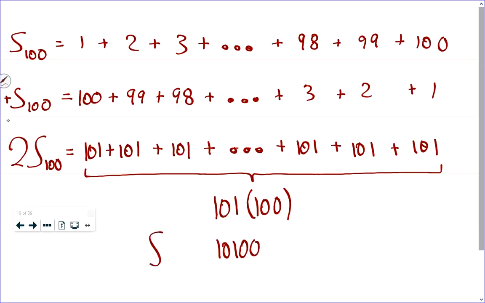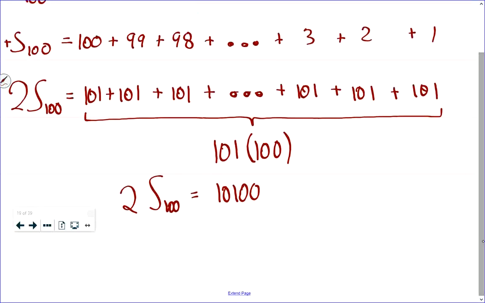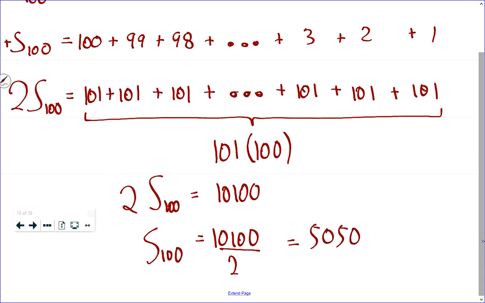But keep in mind, this is 2 times the sum of the first 100 terms. So he has to divide that by 2. That's not too difficult. S100 will equal 10,100 divided by 2, which is going to be 5,050.